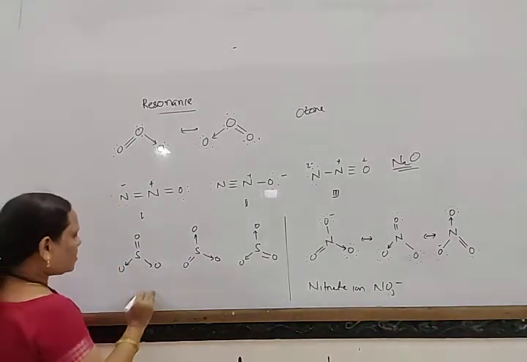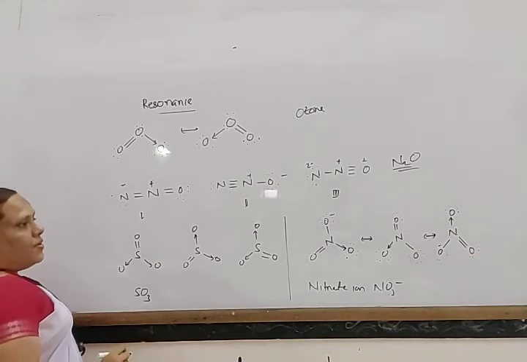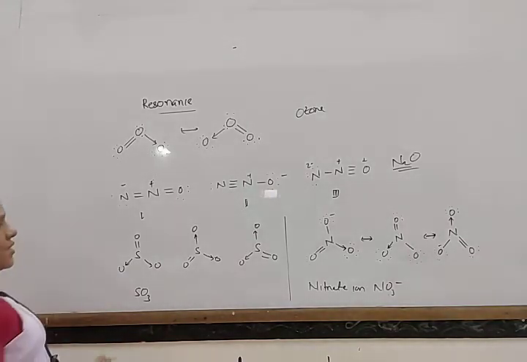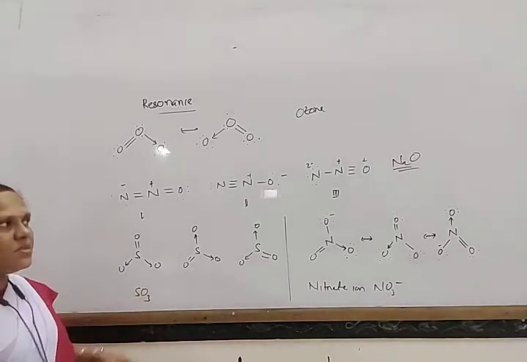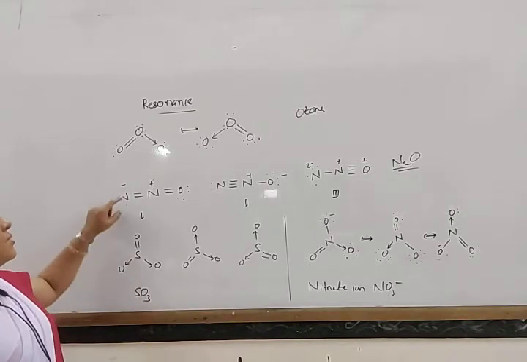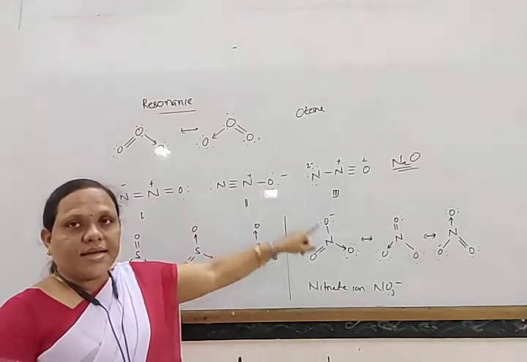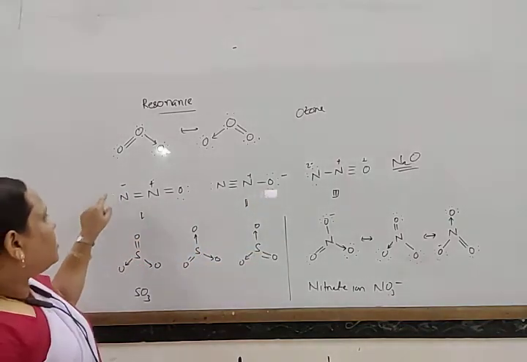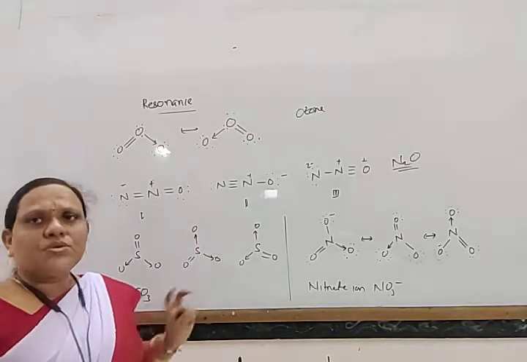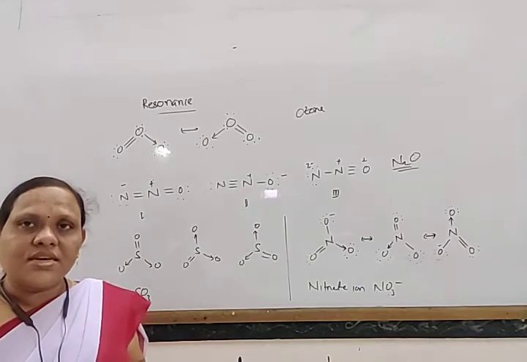And this is the resonating structure of sulfur trioxide. So these are the resonating structures of some molecules and ions. Just the atoms do not change their position, only the electron pairs change their position.